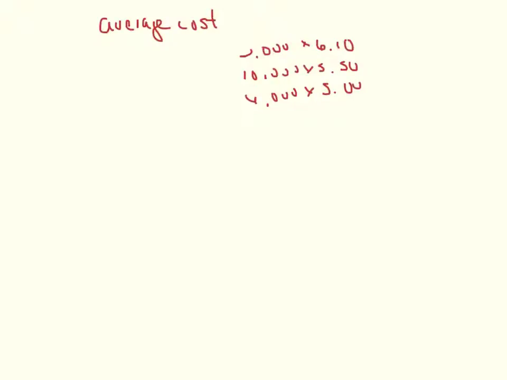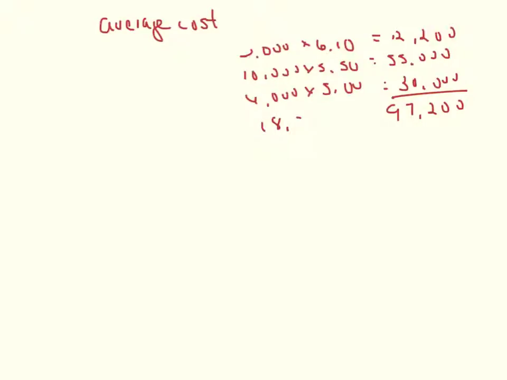Now under periodic, we don't care when these purchases have happened, so we're going to take everything, and you'd have your 12,200, your 55,000, and your 30,000, up with your 97,200 at 18,000 units. Under average cost, you have to figure out what that average cost per unit is.